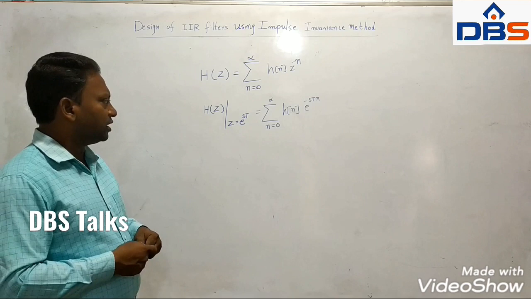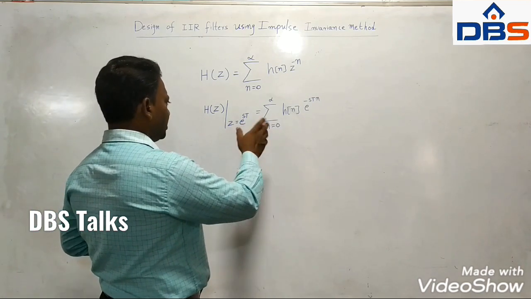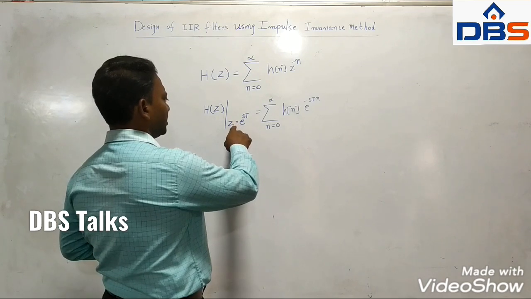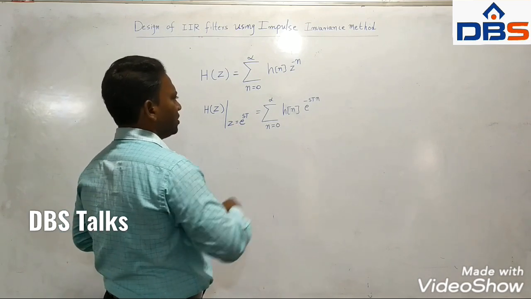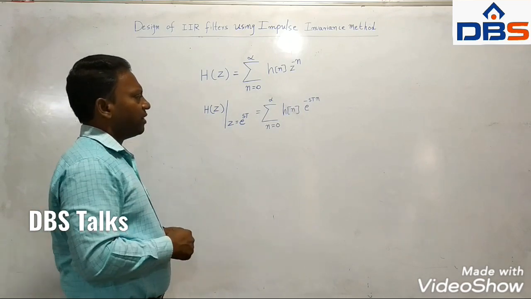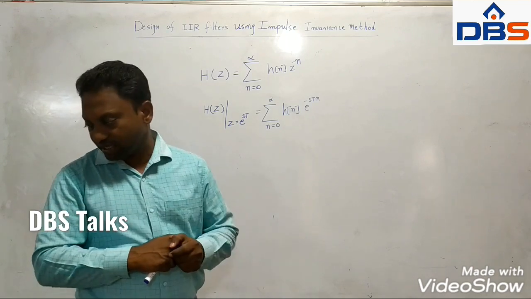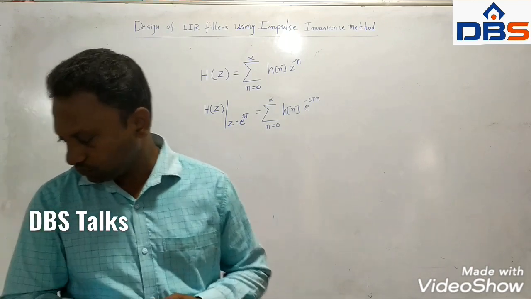So whenever z is equal to e power st, we get the transfer function H(z) as sigma n equal to 0 to infinity h(n) e power minus st n.